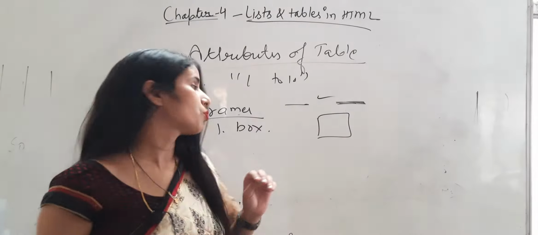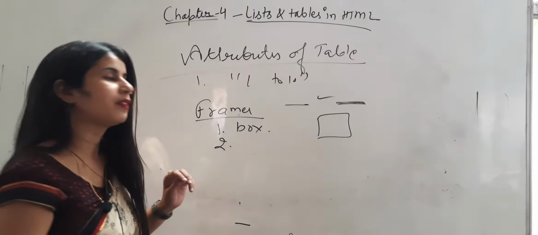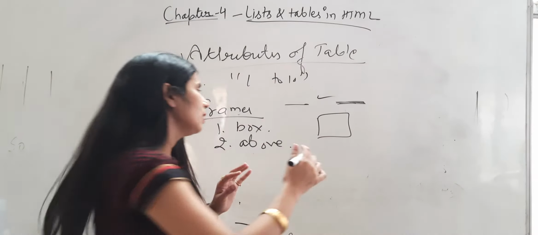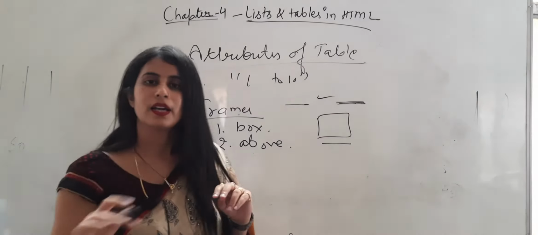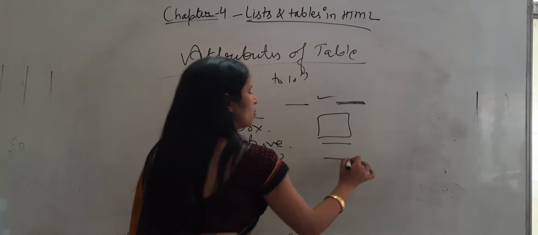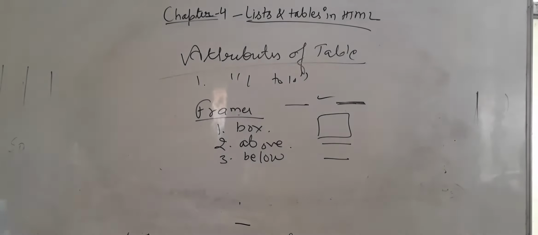The second one is above, which means we apply the border above. The third one is below, where we apply the border to the bottom.